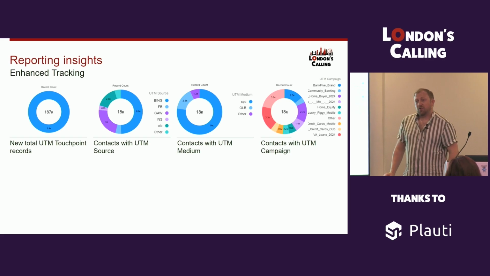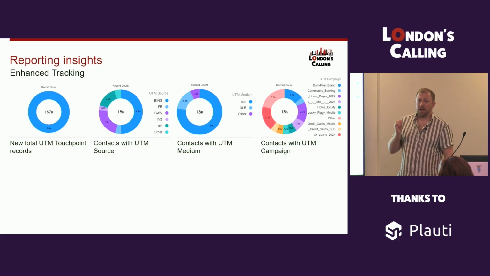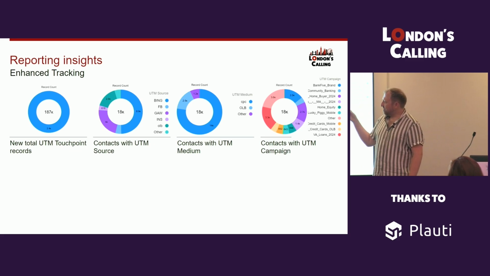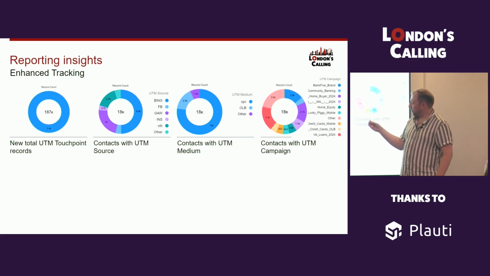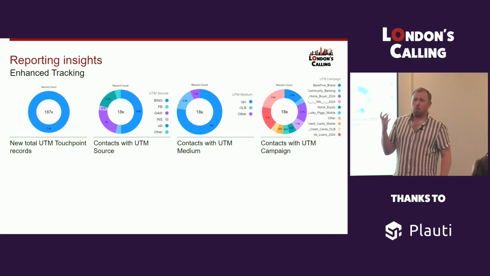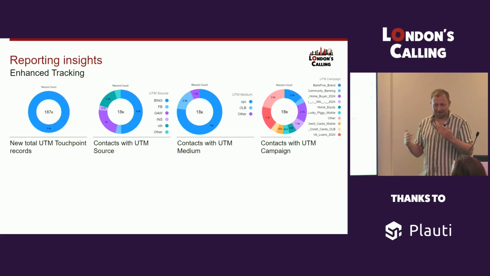We found an extra 187,000 UTM touch points in their data set that they didn't have before. They didn't have insight on this before inside their Salesforce platform. We then found 18,000 contacts with a UTM source. They can all have multiple. I think one I found had about 93 different touch points in some capacity.